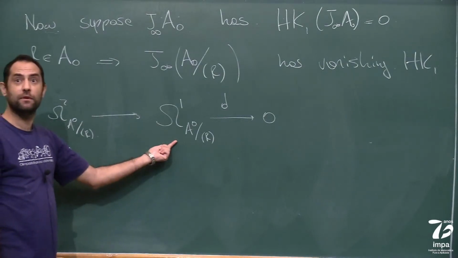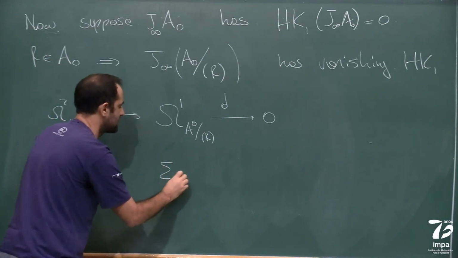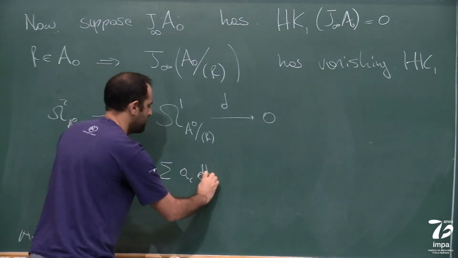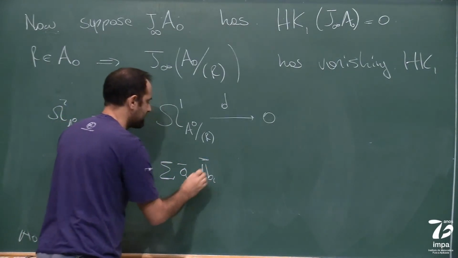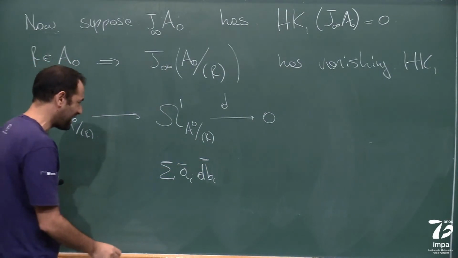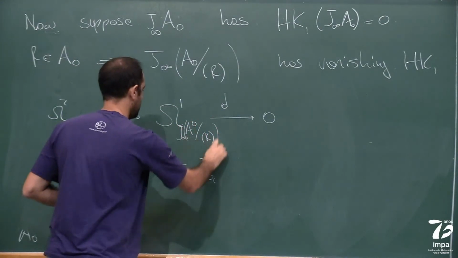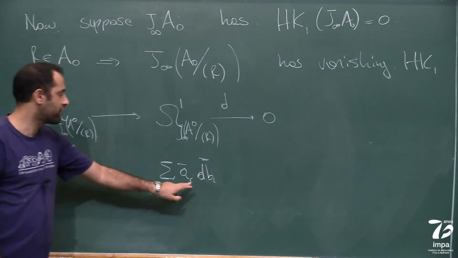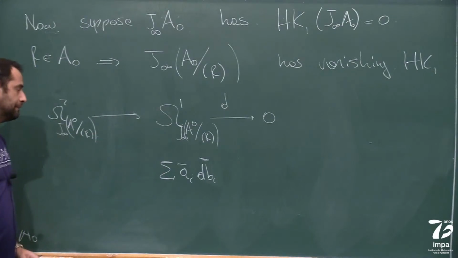So I'm going to grab some form in omega 1. So this is the sum of something, A_i d of B_i. Let's put bars on these guys, where each one of these is in the arc space of this algebra, okay?